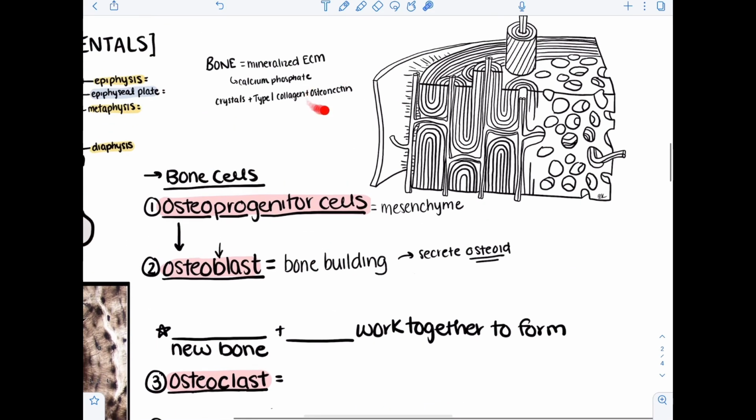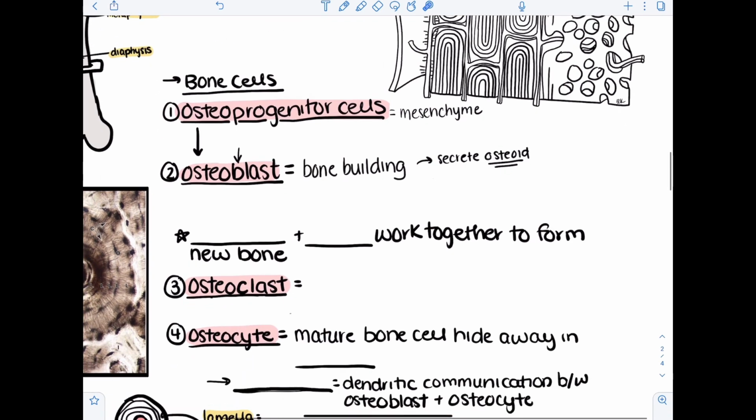The osteonectin was kind of the glue. Osteocalcin binds the calcium and ends up allowing this to be calcified. So the osteoblasts and the osteoid work together to form the new bone. Again, osteoid being uncalcified bone material.